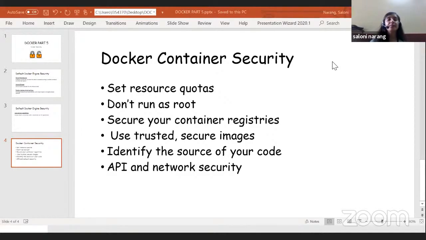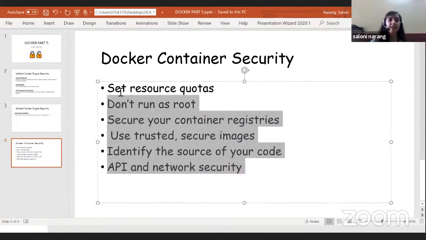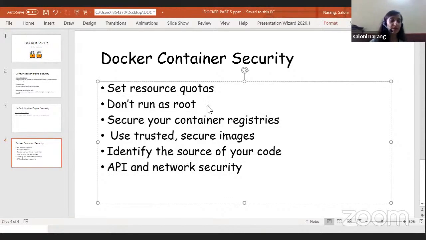I'm just telling a few of the best practices, and then I will dig deeper into this container security. The best practices which I'm listing right now come under all these points, and we will be going deeper into them later on, once I state a few Docker security things.